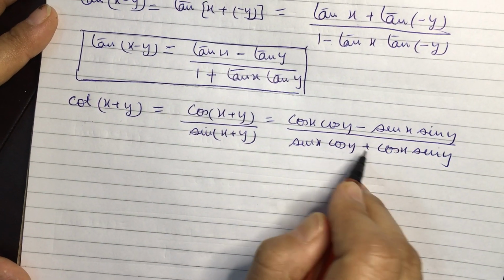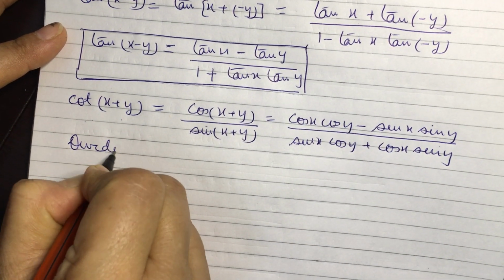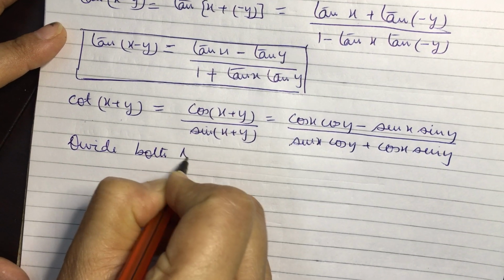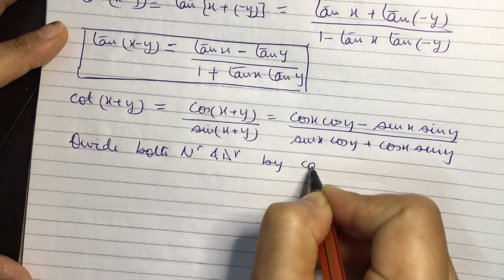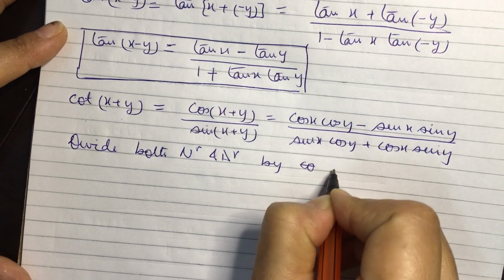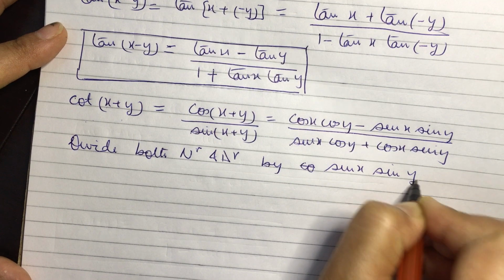we want the answer also in terms of cot, and so we divide both numerator and denominator by sin x sin y.